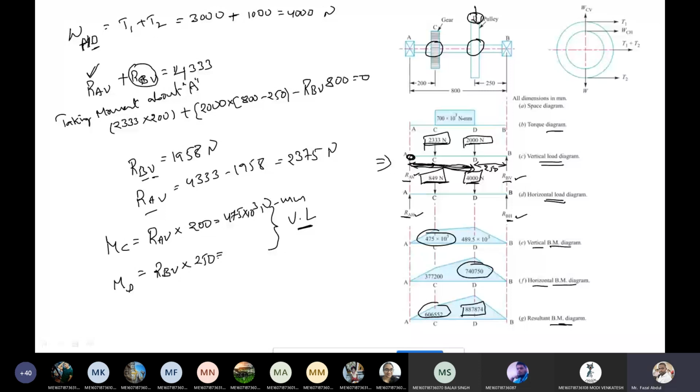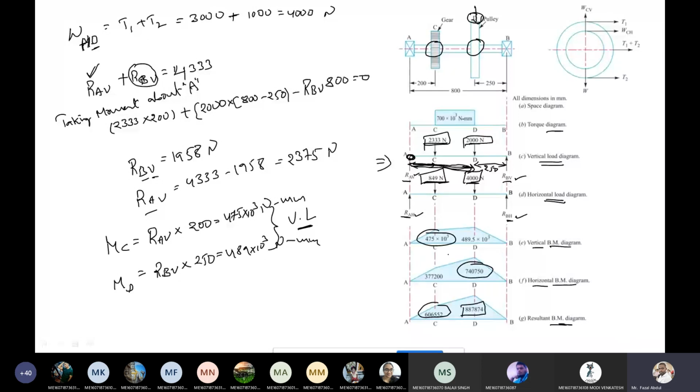1958 into 250. 489562, sir. Long before I said it. 489562. Yes, isn't it? 489 into 10 to the power of 3 Newton mm. So the bending moments at C point and D point due to vertical load I am calculating.